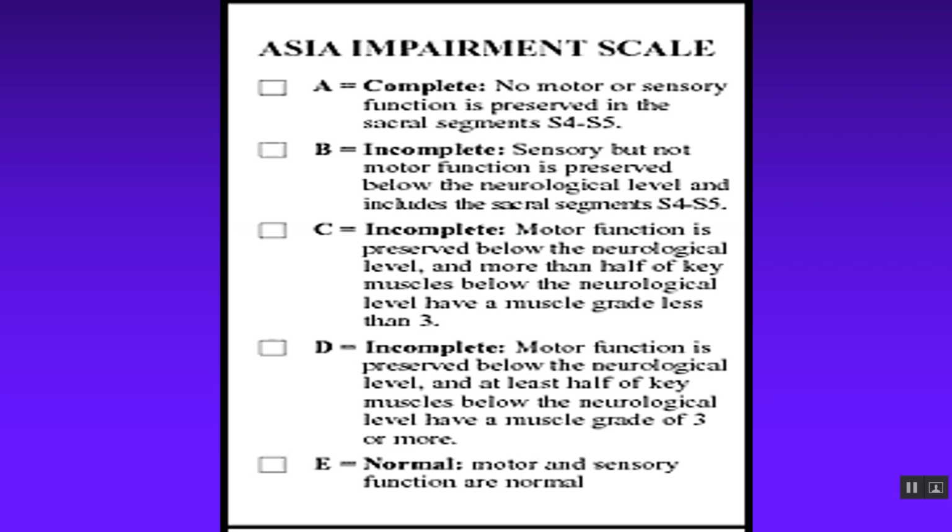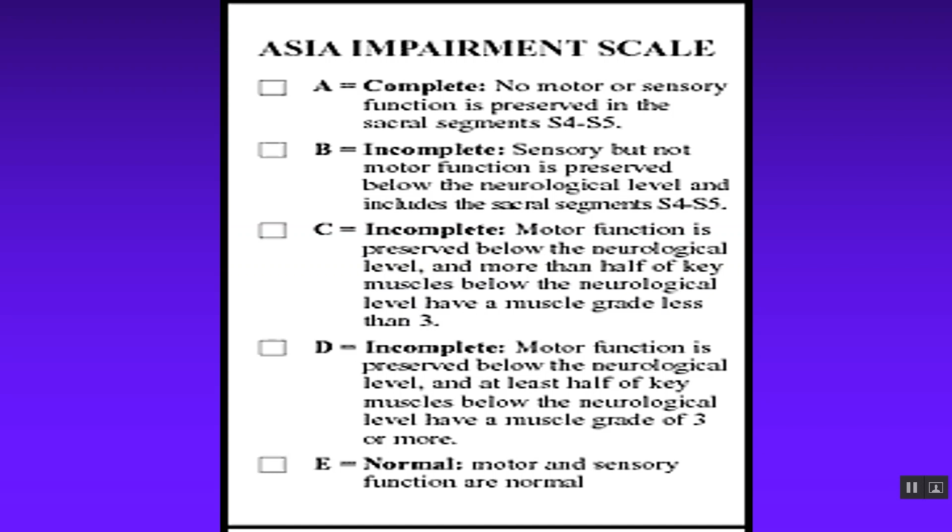Then we have a D, which is incomplete, motor function is preserved below the neurological level, and at least half of the key muscles or more now have a muscle grade of 3 or above. So they can move their limb against gravity for more than half of the key muscle groups. And there's a little form you fill out that tells you exactly what to test, which are the key muscles and which dermatomes to test, and you score each of these.